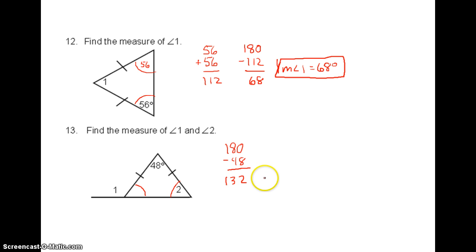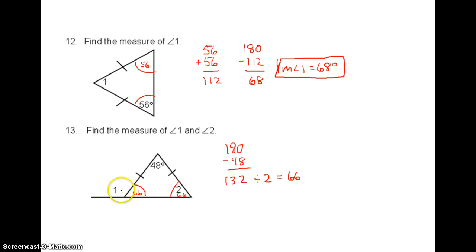Since they're the same, if I just divide 132 by 2, that will give me 66. 66 is going to go here, and 66 is going to go here. And if you add those together, you'll see that that's 180.